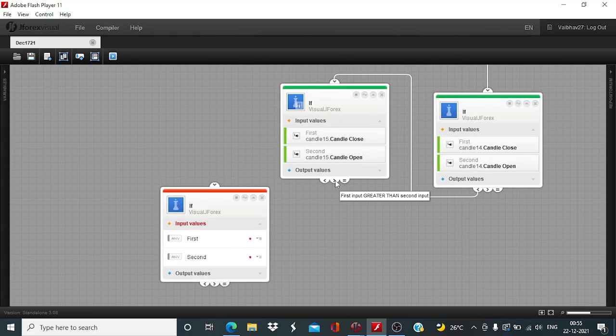So we have candle 15 candle close, first input greater than second input.